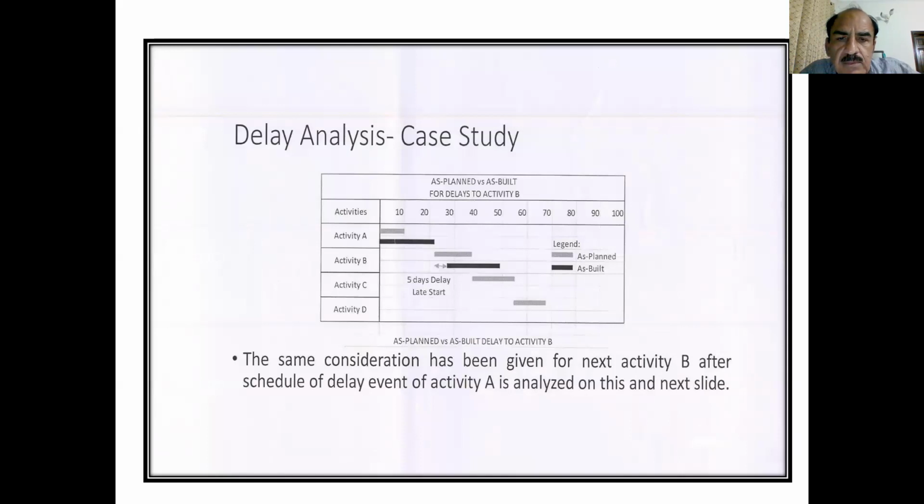Now, based on that, when we went to the second activity, which was supposed to start from the 22nd day, it could not start, and we could see that a delay happened for 5 days. And based on that, this activity finished at the 50th or 48th day.